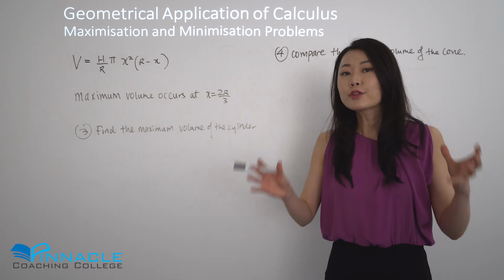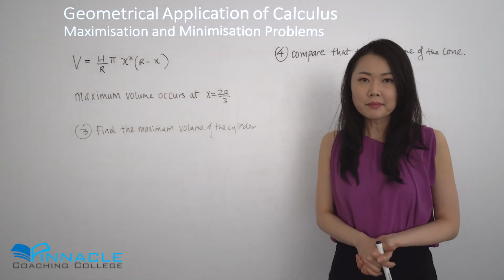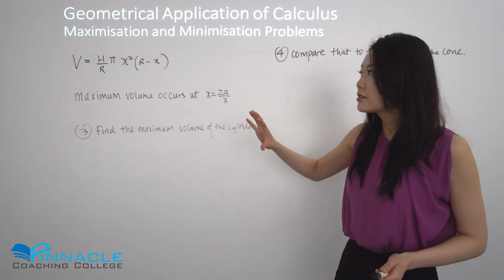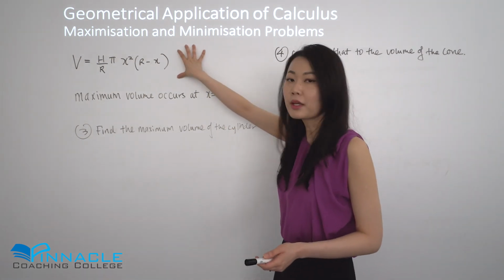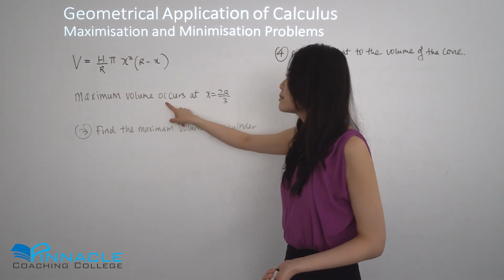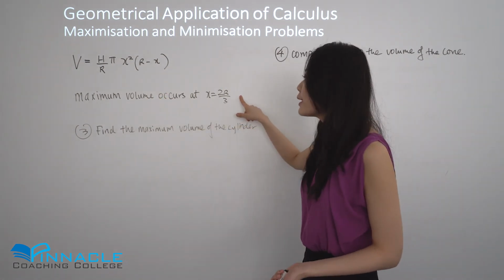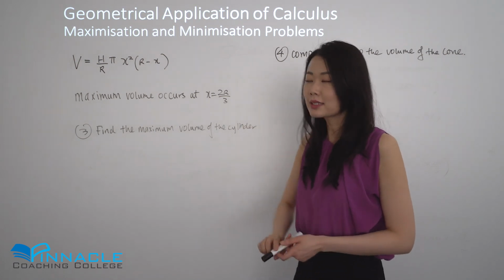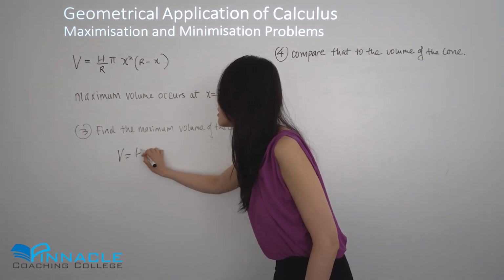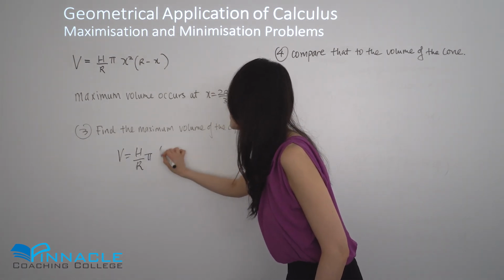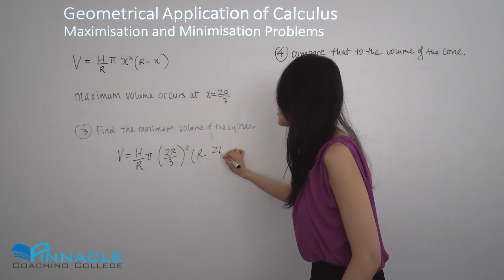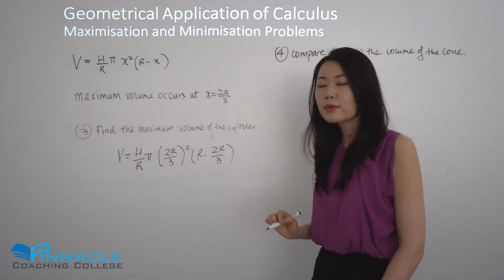Now that we've found the point at which the volume is maximized, let's answer the question. So to summarize, we've got the volume equation here, and we've established that the volume is maximized at 2r on 3. So let's go ahead and find the maximum volume first. So sub that into that, we get this expression.